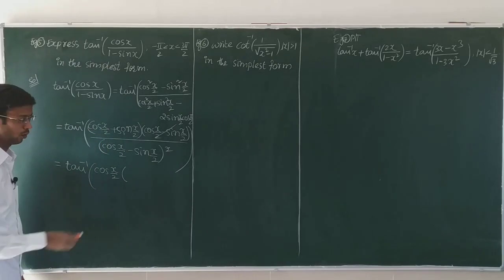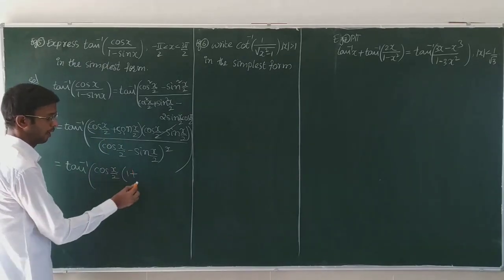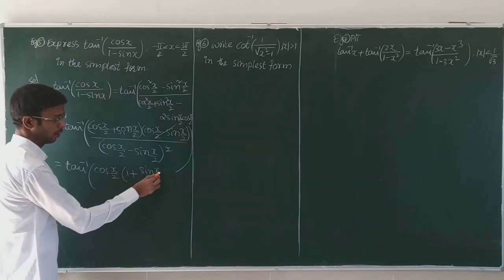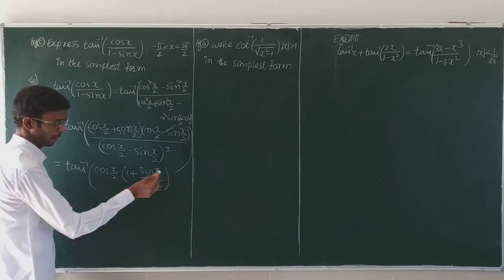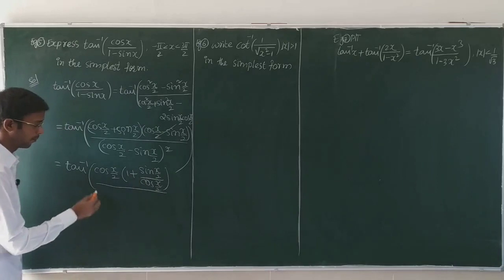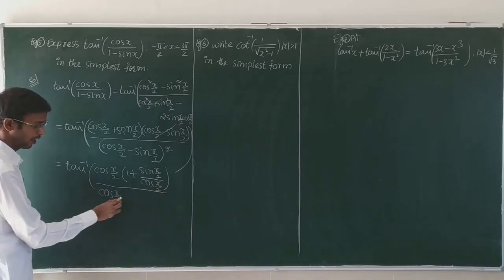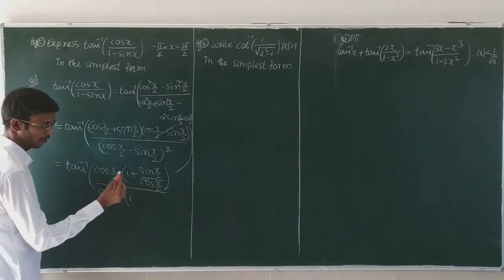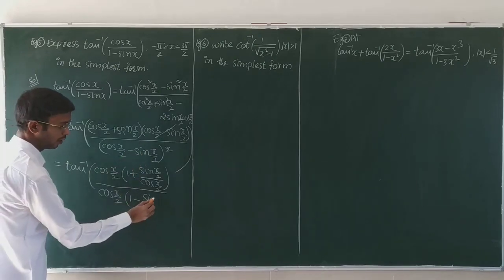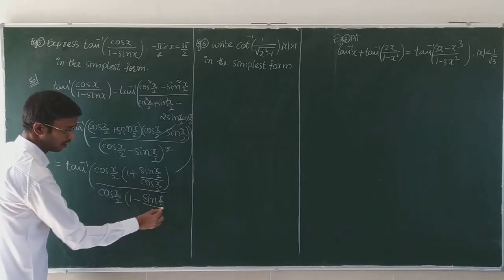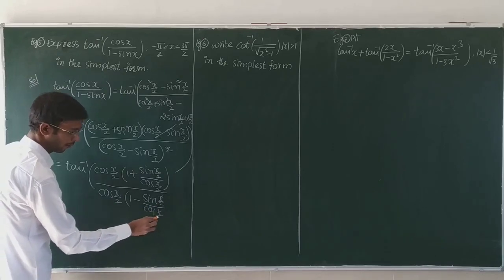Cos x by 2 taking common means 1 plus sin x by 2 by cos x by 2, divided by cos x by 2 taking common. Common means here 1. Here cos x by 2 is not there, so divided by is outright. When it is not there, that time we outright divide.